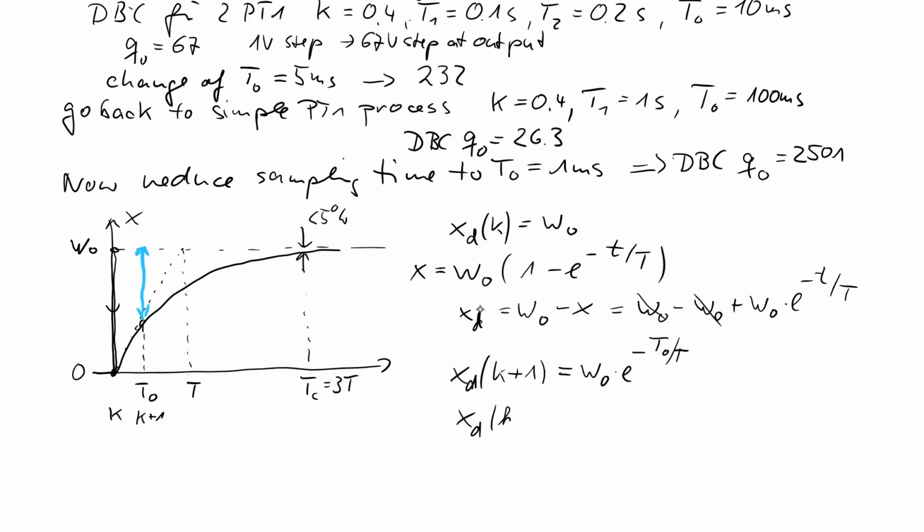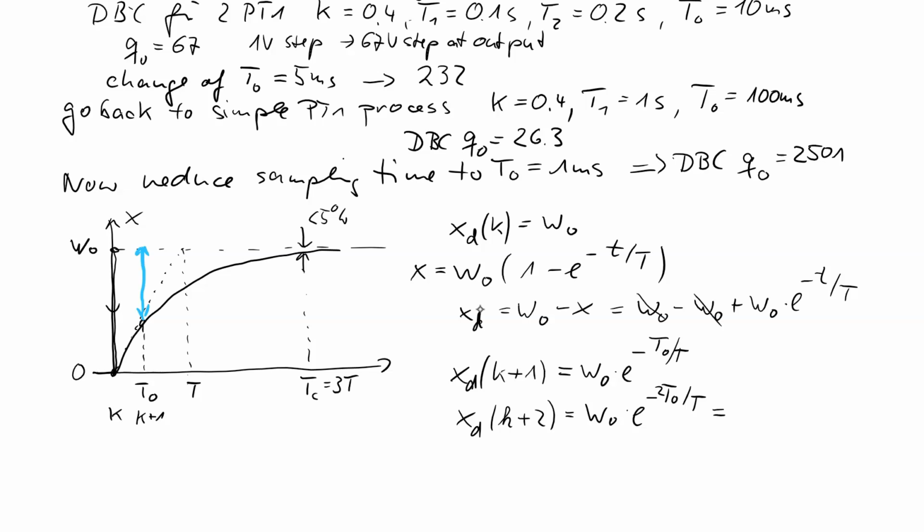xd of k plus 2 is xd of k plus 1 times e to the power of minus sampling time divided by time constant, and the sampling time is now multiplied with 2.